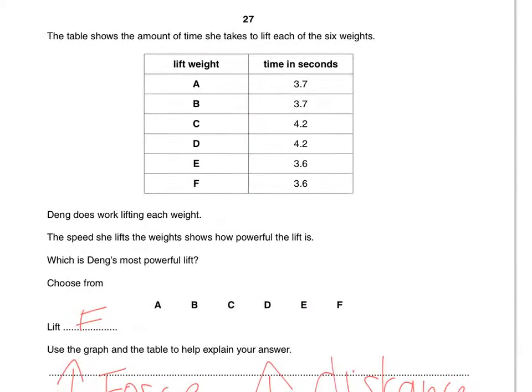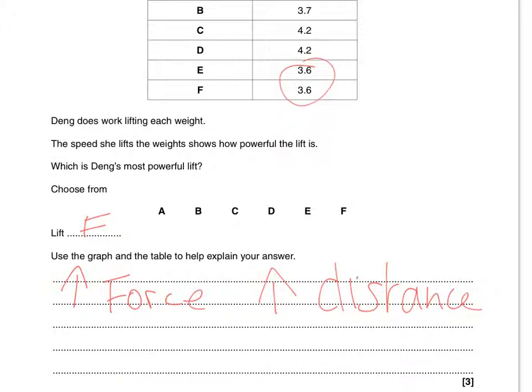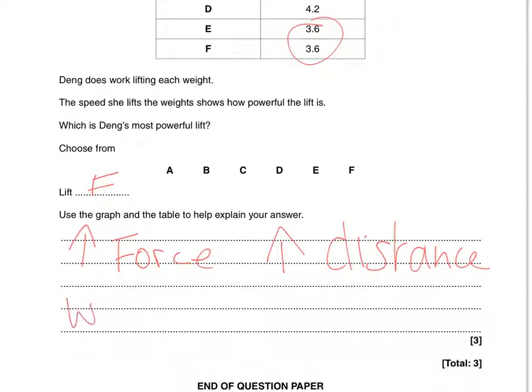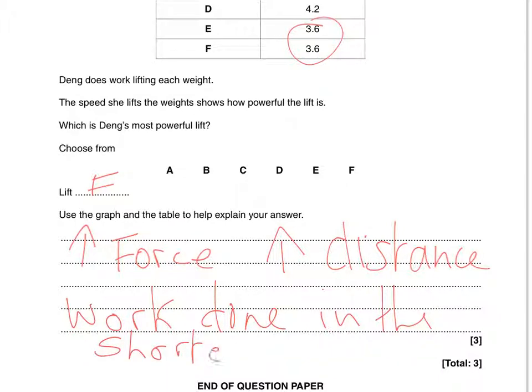So we looked at it, we could see that these two are the shortest amount of time, so that obviously gives us the other clue as to when the most work is done. You could calculate the work if you wanted, but there's no need to. So if you just said work done in the shortest amount of time, that's 3 marks, easily done.